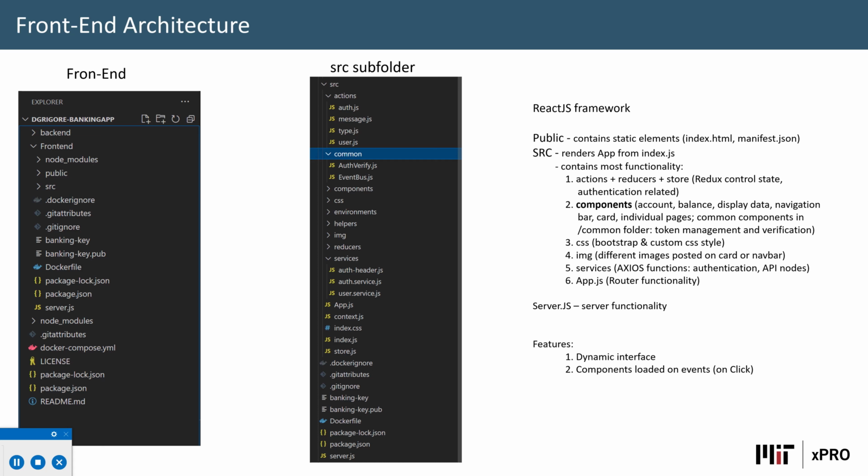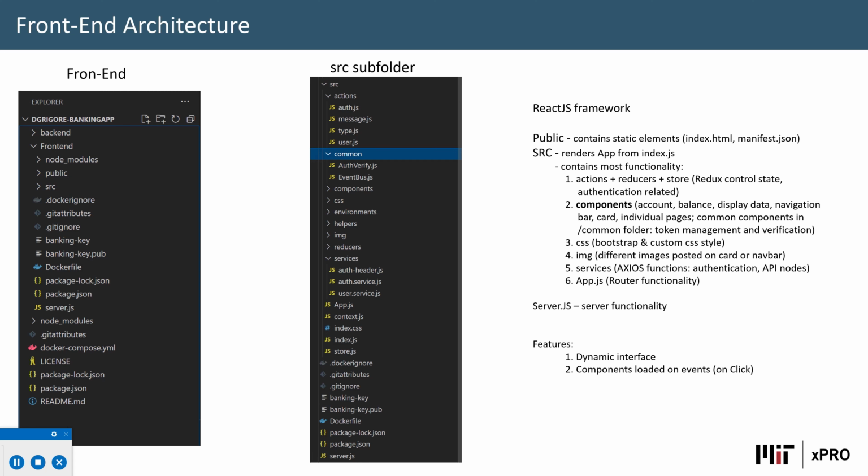Finally, the CSS folder, which contains the bootstrap CSS file reference. The services subfolder contains the Axios functionality for authentication and API nodes towards the front end. The server.js file contains the functionality of the Express server.